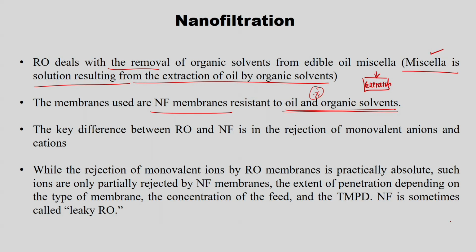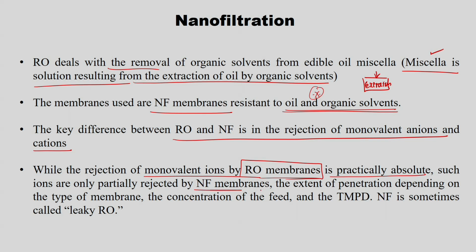So, the key difference between RO and NF is nothing but a rejection of monovalent ions and cations, right. The key difference between reverse osmosis and nanofiltration is the rejection of monovalent anions and cations, while the rejection of monovalent ions by RO membrane is practically absolute. Absolute means the RO membranes remove monovalent ions completely, but nanofiltration membranes reject them to a particular extent only.